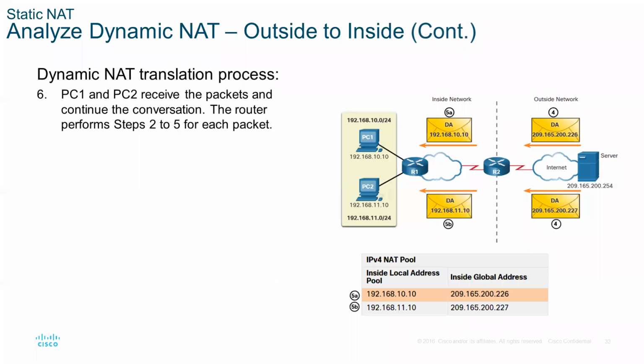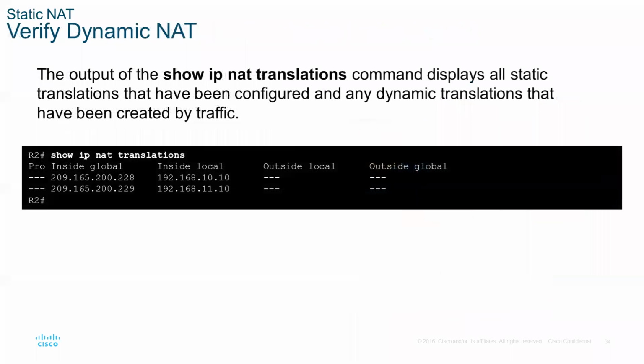All these slides are explaining the translation process, which we've gone through, and I really don't feel like you need to have each bit of text read to you. So we know that the pool of addresses works. We discussed that earlier, so I wasn't going to repeat it again.